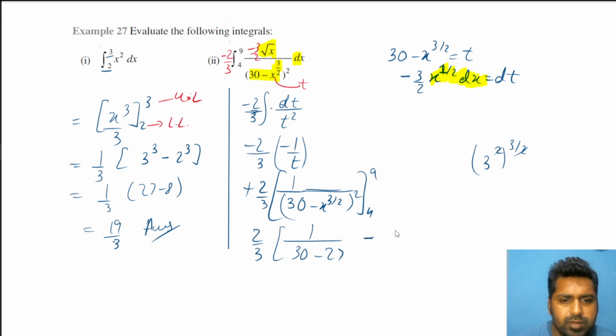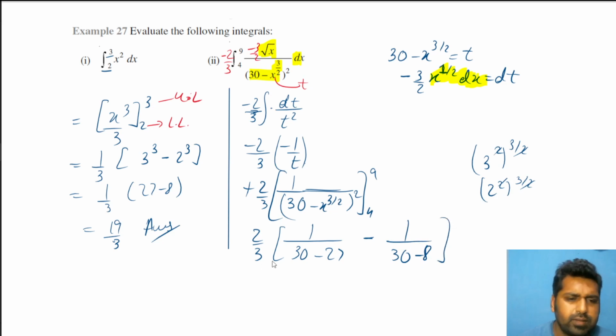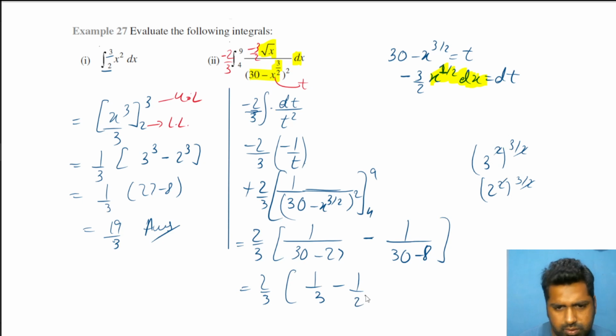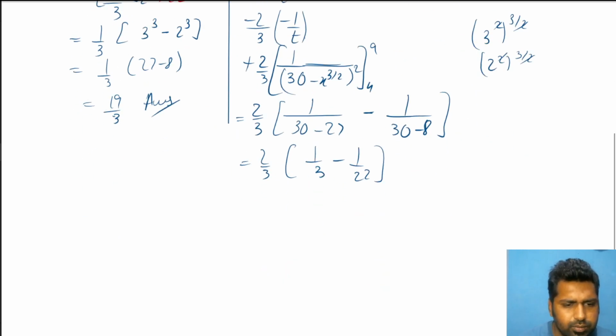This is the upper limit, minus the lower limit, which is 1 upon 30 minus 4. 4 is again 2 square, so 2 square power 3 by 2, that is 8. Okay. 2 by 3, this becomes 1 by 3 minus 1 by 22. You can take the LCM and solve this and get the value.